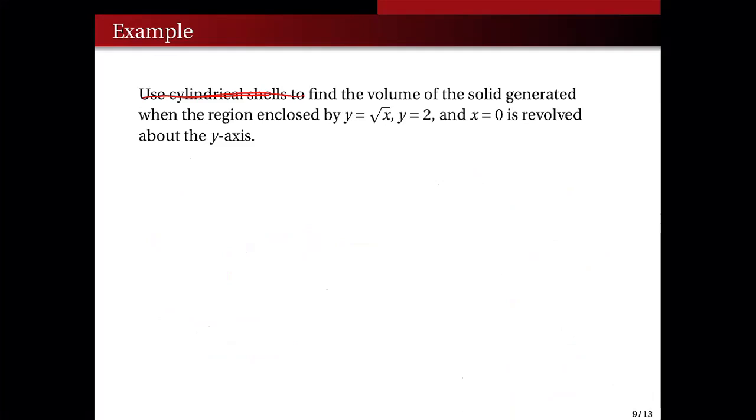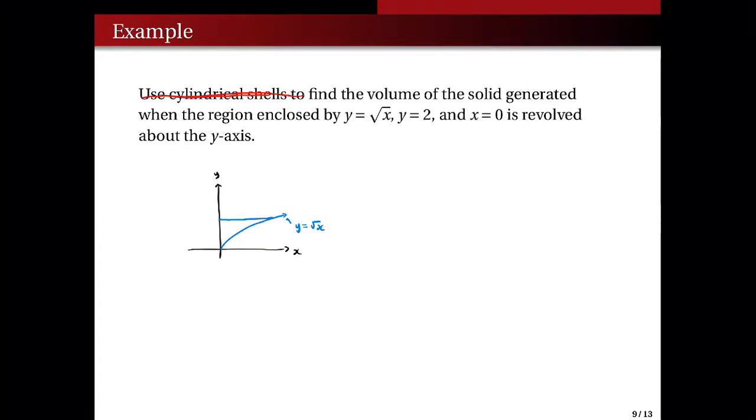So in here, you have your x and y axis. This is your x axis, this is your y. The function is y equals square root of x. And then we have y equals 2.